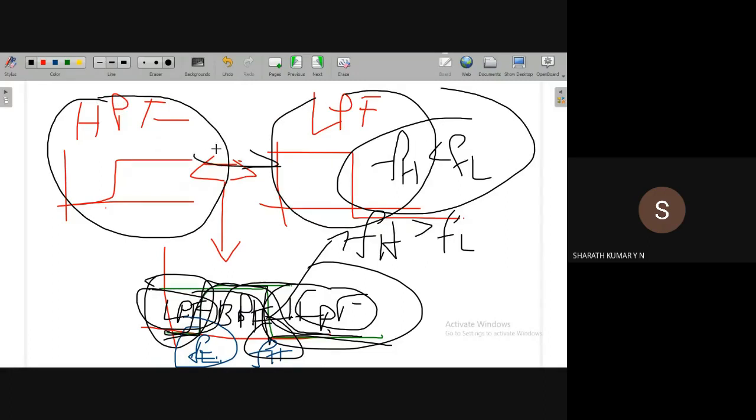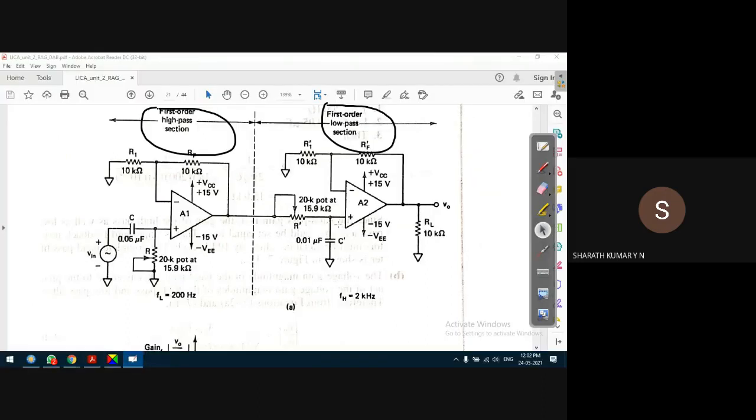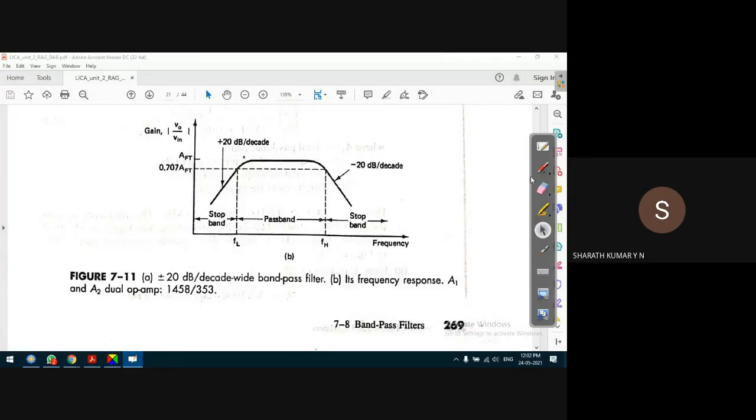These are combined to get a band pass filter. So the first order high pass and first order low pass filters are combined to generate the band pass filter. In the resultant band pass filter, the rate at which the gain rises is 20 dB per decade, that is plus 20 dB per decade.